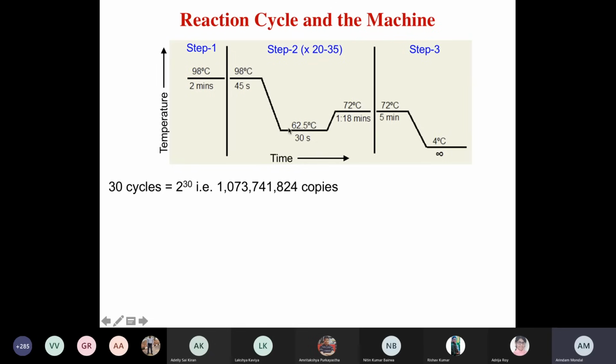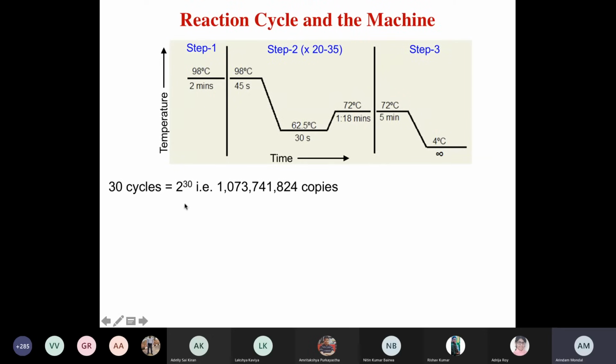Then you reduce the temperature to 62 degrees where the primers will anneal to the target DNA, and then you raise the temperature to 72 degrees where the Taq DNA polymerase can perform the synthesis, and you repeat the same steps for 20 to 35 cycles.